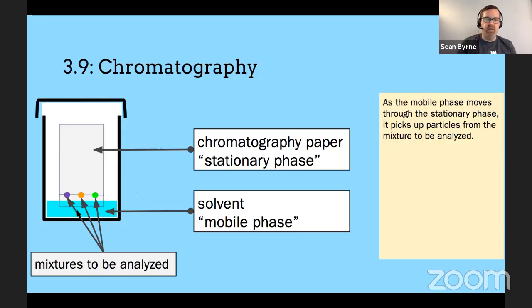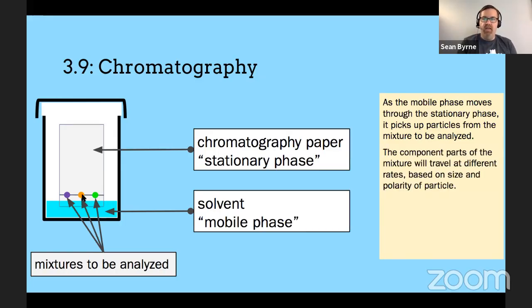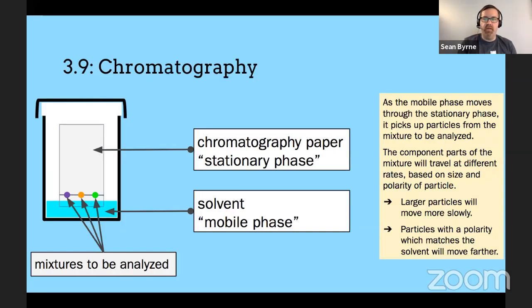As the solvent is moving through this paper, it's going to pick up particles from the mixture to be analyzed. And what we'll see is that the component parts of the mixture will travel at different rates. A little bit of it is based on size, but it's mostly based on the polarity of the particles. So the larger particles would move more slowly, and the particles with a polarity which matches the solvent will move farther.